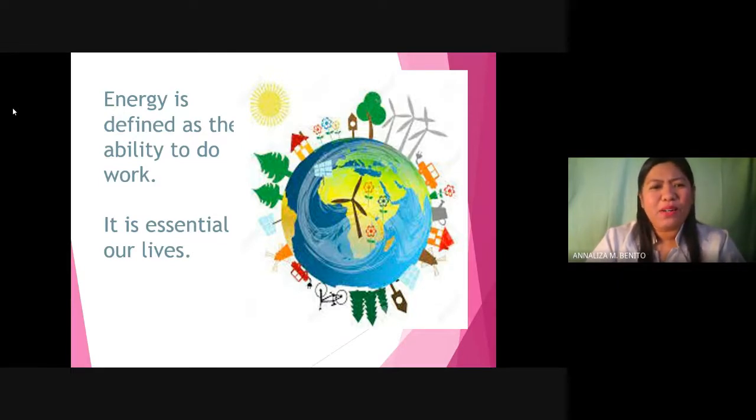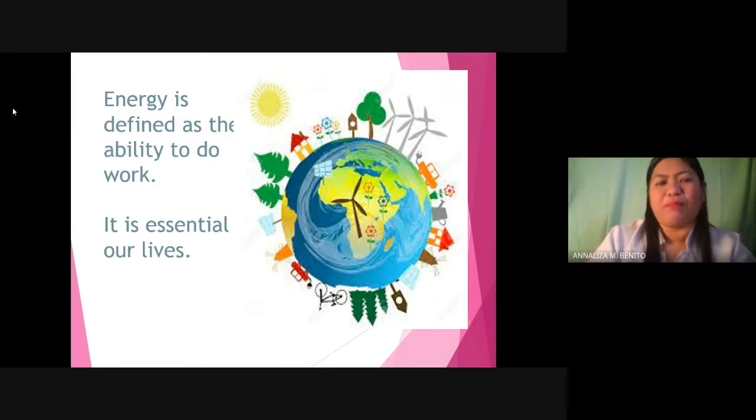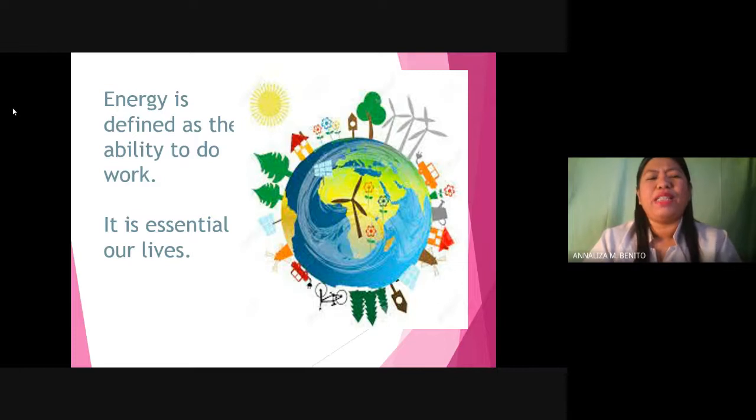At home, we also use energy to make our life comfortable and convenient. In transportation, fossil fuels are used to run buses, trains, ships, airplanes, and even cars, tricycles, e-bikes, and other types of transportation systems. So that is why it is very essential in our everyday lives.